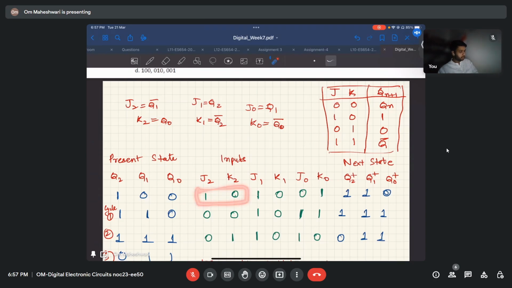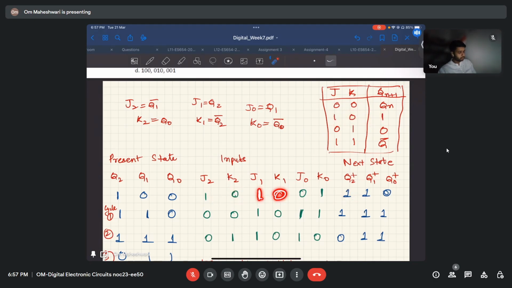Now, given these inputs, we look at the truth table. What will be the output? For flip-flop 2, when 1 and 0 is the input condition, we get output as 1.